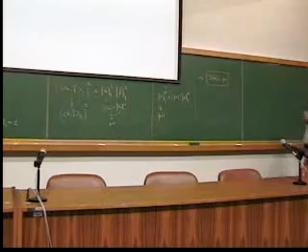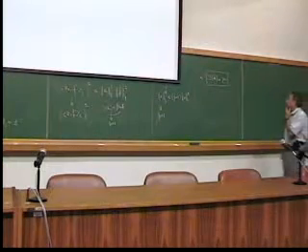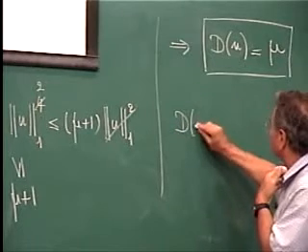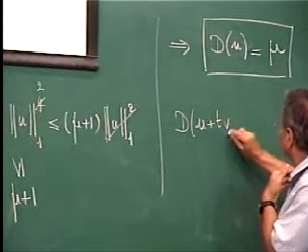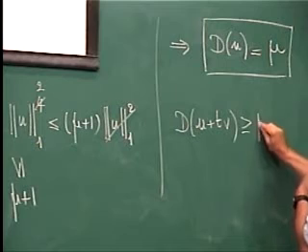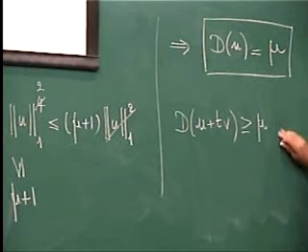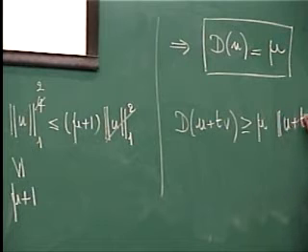And now there is a trick, which I will leave as an exercise. Of course, you can write like this, for any v, that this is bigger than or equal to u plus tv 0 squared.